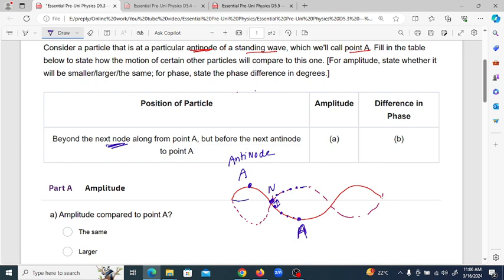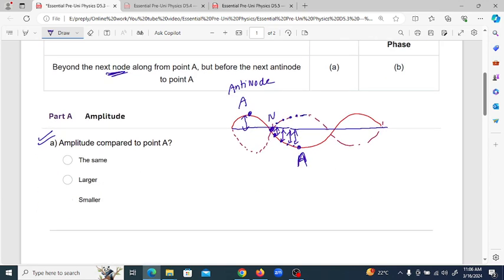This central line is the equilibrium position. The distance between the equilibrium position and these points is always smaller than the amplitude A. You know that this amplitude is the maximum distance. So these points have a smaller amplitude. After the node, all the particles have a smaller amplitude.